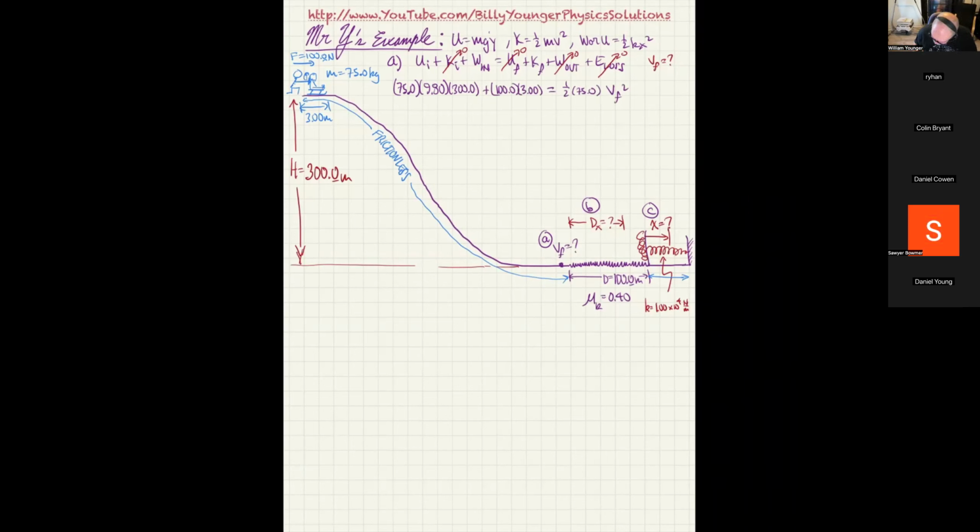So if I multiply 75 times 9.8 times 300, I get 2.205, which is one extra sig fig than we need, times 10 to the fifth joules, plus 300 joules.